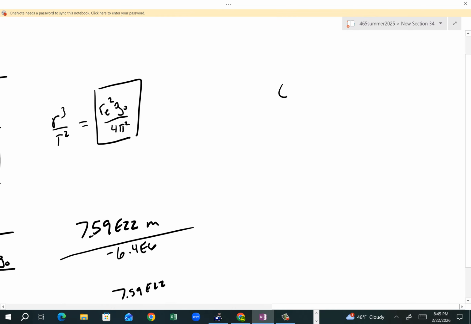So the Earth stuff is 6.4 E6 squared times 9.8 over 4 pi squared, whatever that number is, equal to r cubed over t squared. So I'm going to tell you right now that the moon is, let's look it up.